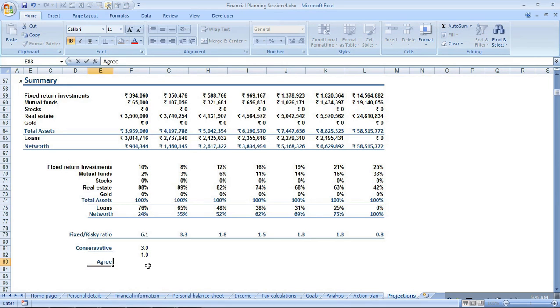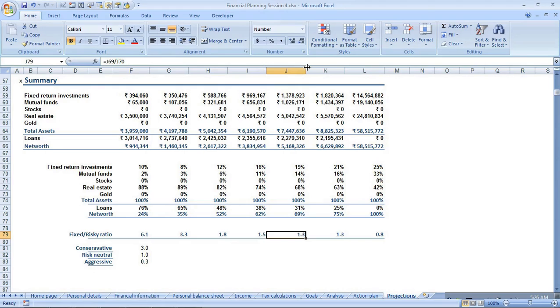If you are an aggressive person, you could put 25 in FD and 75 in equity, but which is not recommended. This would be too much of a risk. So probably your investment strategy could be to maintain this ratio around 1 or higher.